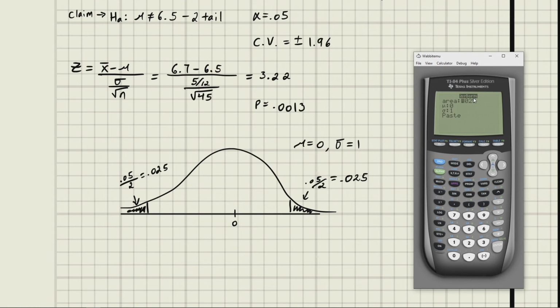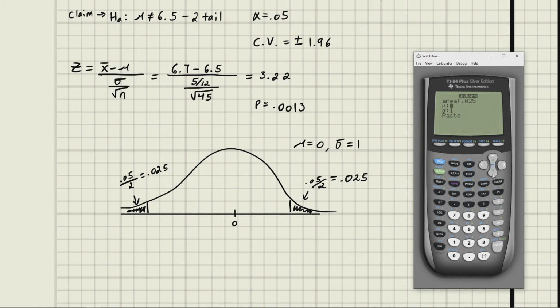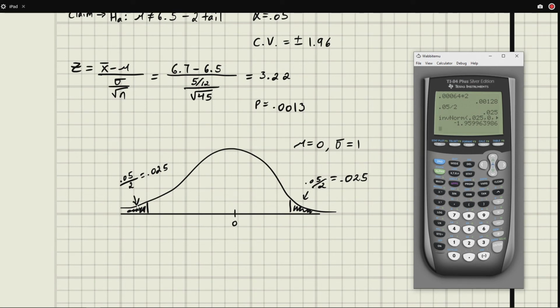For our area, it's 0.025, and since we're dealing with the standard normal curve, the mean is 0 and the standard deviation is 1. We hit paste, and we get plus or minus 1.96, because we did this lower half, which gives us area to the left. And since the curve is symmetric, we would just put the negative version here and the positive version here, which is why I have them both up here.